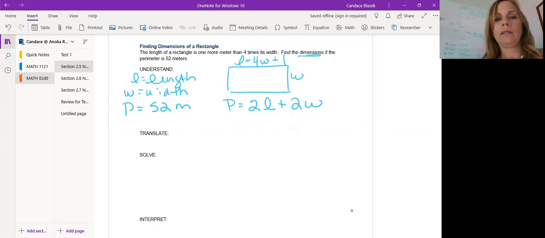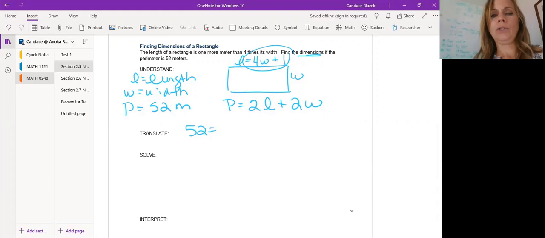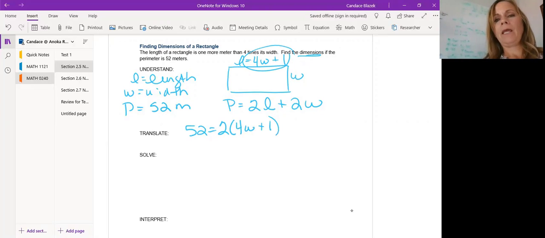So to translate this, for perimeter, I'm going to put the 52 for meters. And for length, instead of using the L, I'm going to use it in W form, the 4W plus 1. So 2 times 4W plus 1, and then we have our width as 2W.